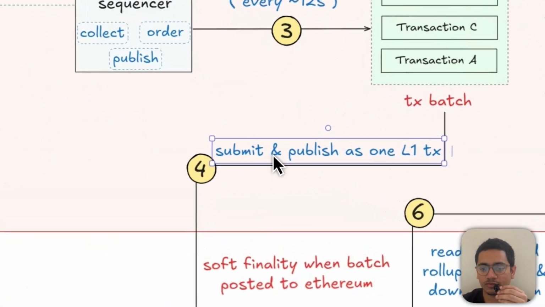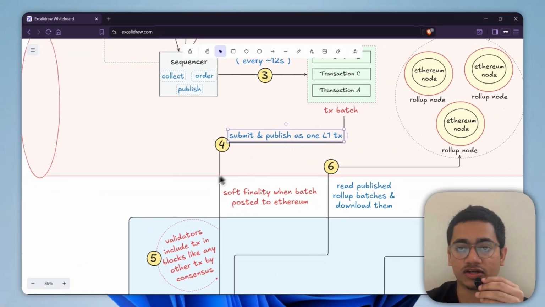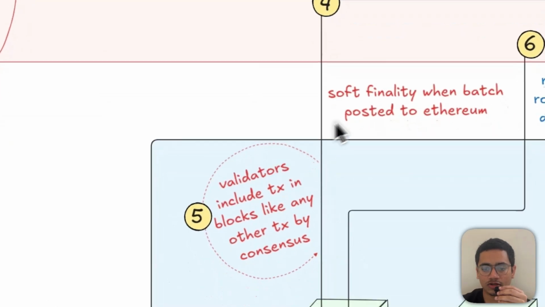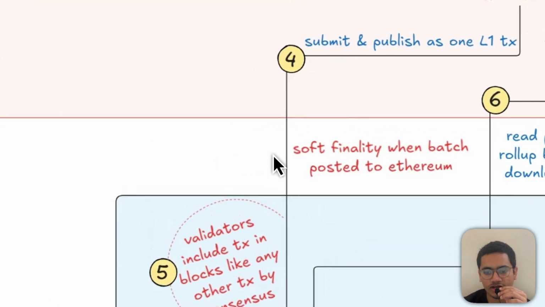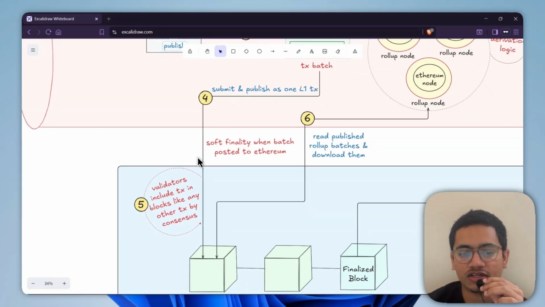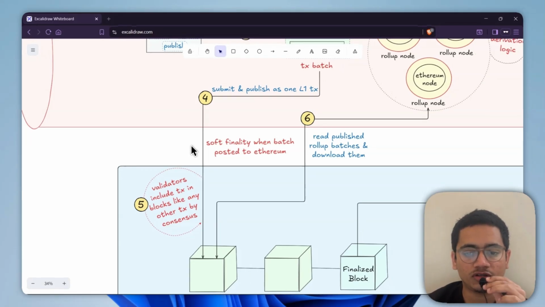In step 4, they submit and publish the transaction batch as one L1 transaction. Here you can see something called soft finality. Soft finality means that the rollup data is now available to the Ethereum layer 1. It's called soft finality because Ethereum can still reorg the blocks or reorder the batches.